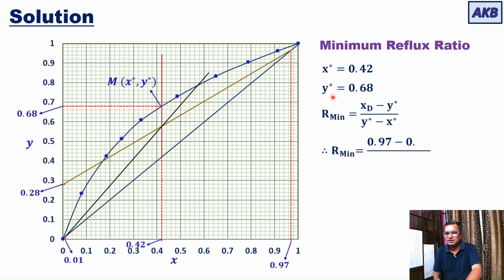We just got y star and x star. xd is 0.97, y star is 0.68 and x star is 0.42. So that gives us the minimum reflux ratio as 1.12. The minimum reflux ratio in this case is 1.12. So that is the answer to the third question in this numerical.